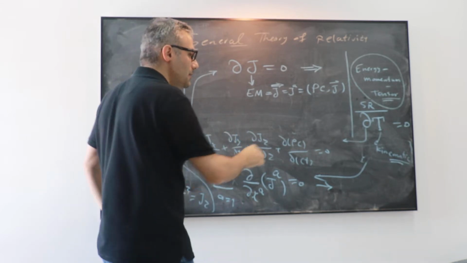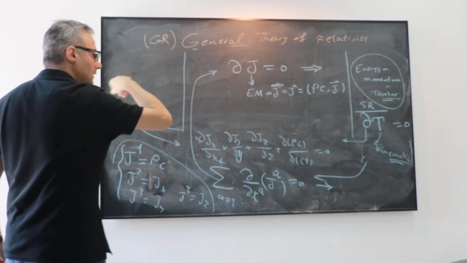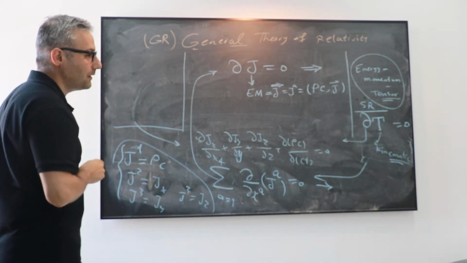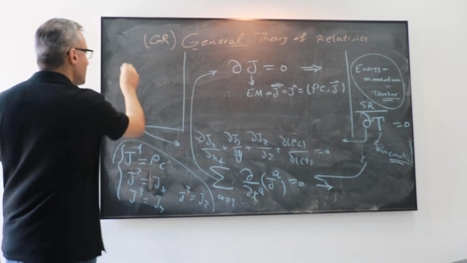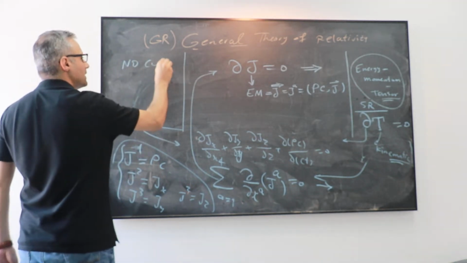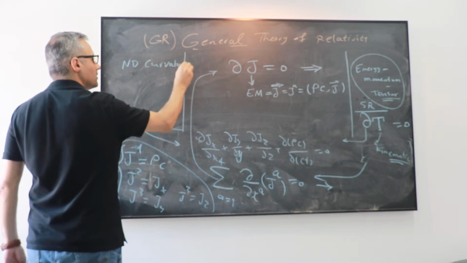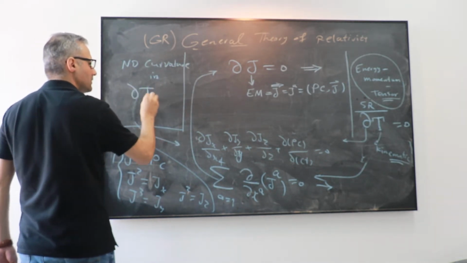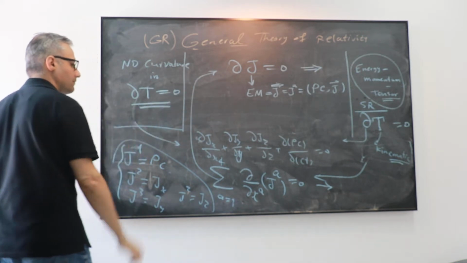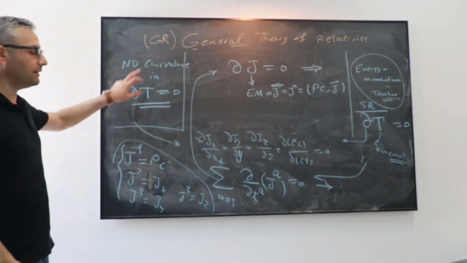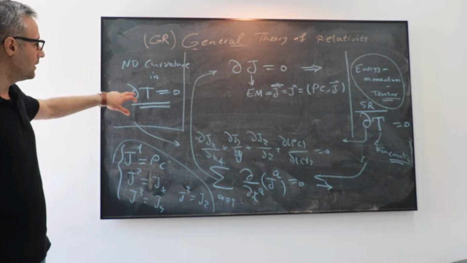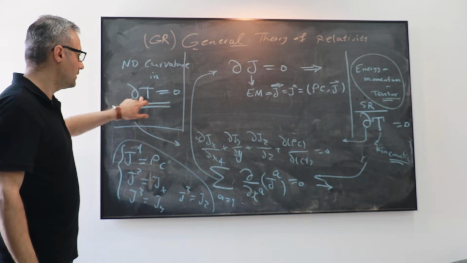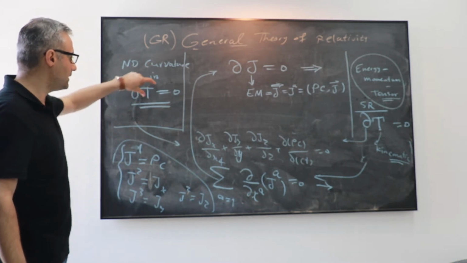But forget about that. The conservation of energy should not contain any type of curvature. So no curvature in the conservation of energy equation. I write this equation without any index because I don't want to start the gymnastics of the index in the first lecture.